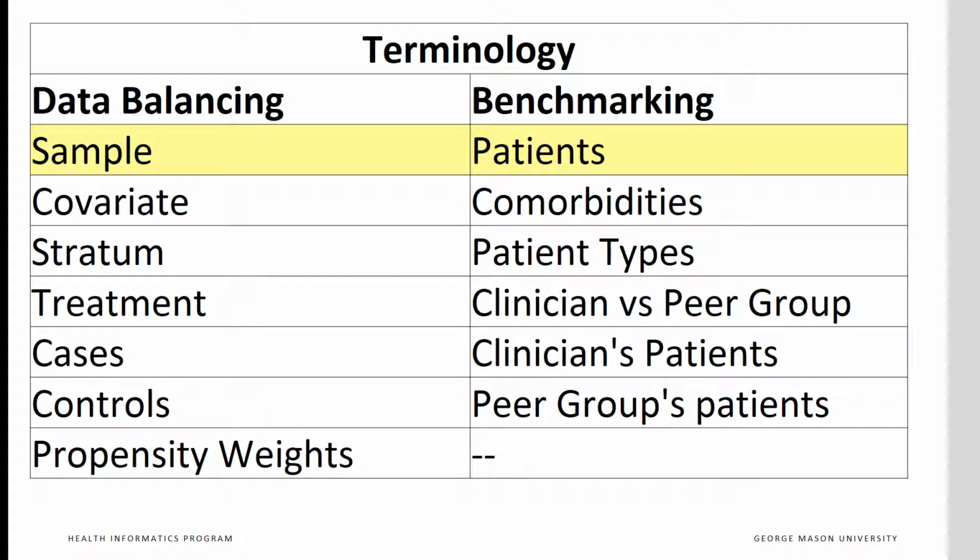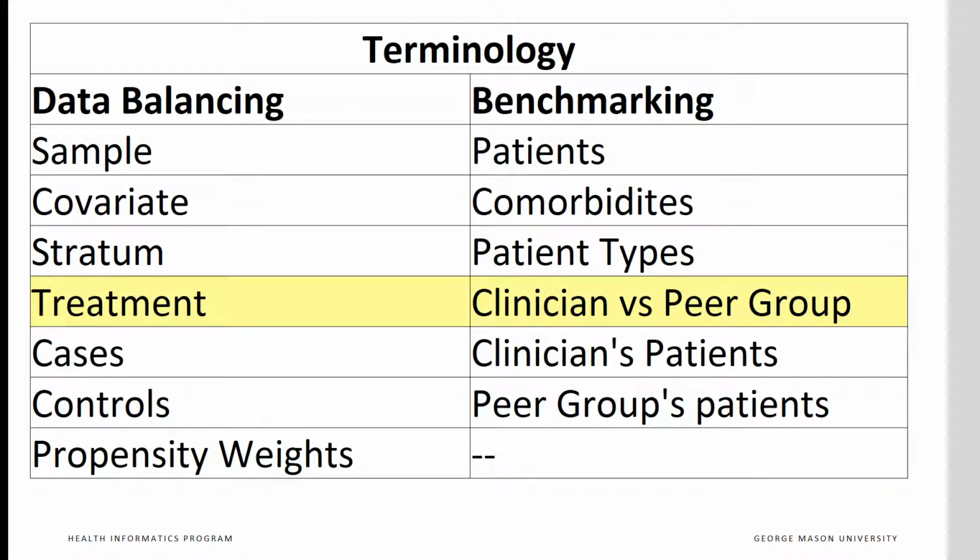Sample is replaced with patient groups. The concept of covariates in data balancing is replaced with patient comorbidities. A stratum, or a unique combination of covariates, is replaced with patient types, which is the unique combination of comorbidities.